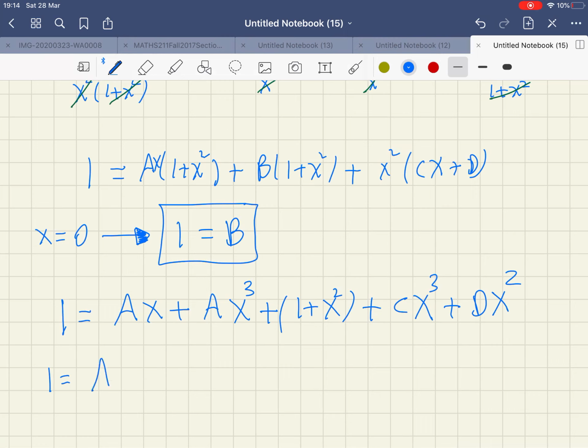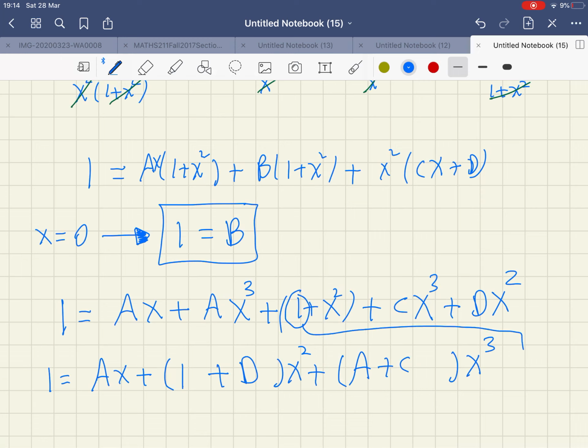Take the terms that are similar to each other. So I have ax. Now take something with x squared and something with x cubed. X squared, I have 1. X cubed, I have a plus c. And here I have d. And finally, I have this one here. So it is plus 1. A little cancellation left and right. Give me this one.